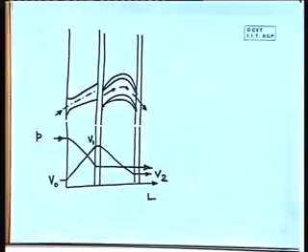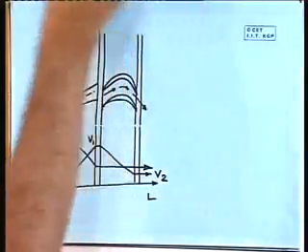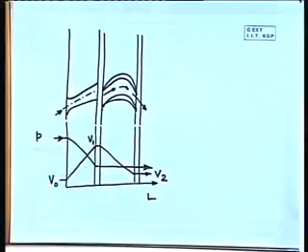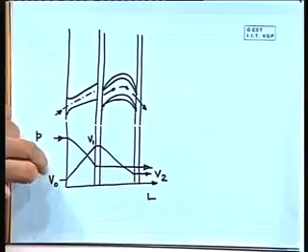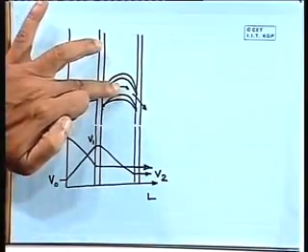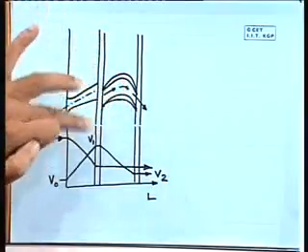Here we can see that steam is supplied at certain pressure, at certain enthalpy, and then there is a nozzle and then there is a blade.